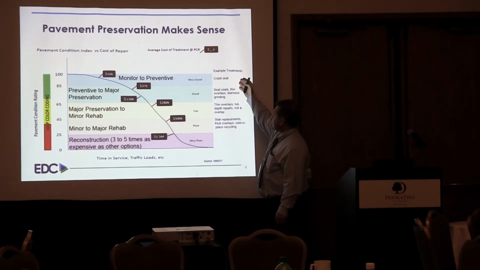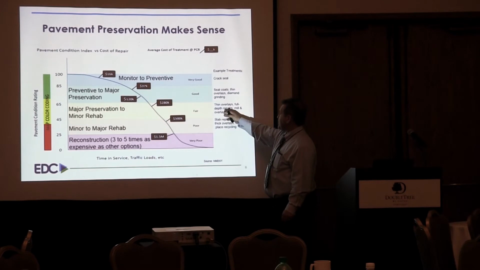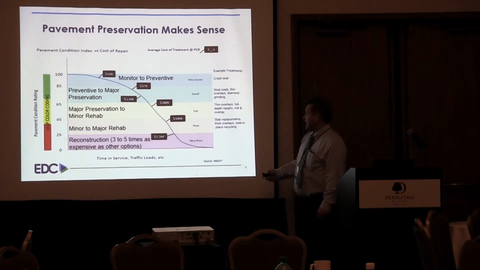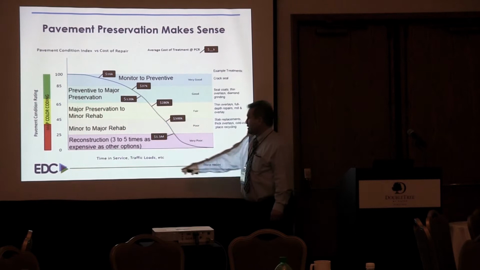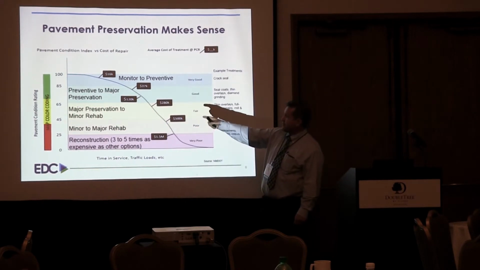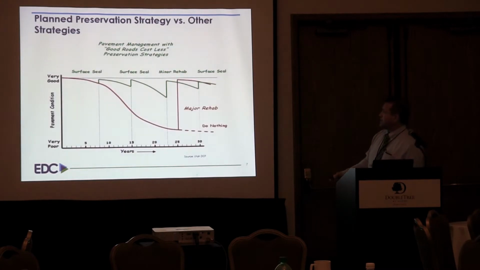Examples are crack seal, seal coats, overlays, and diamond grinding for our PCC pavements. For fair, thin overlays and full depth repairs, and for poor, slab replacement, fixed overlays, and cold in place recycling. This axis is time, and on the far left are the poor, fair, and good conditions.